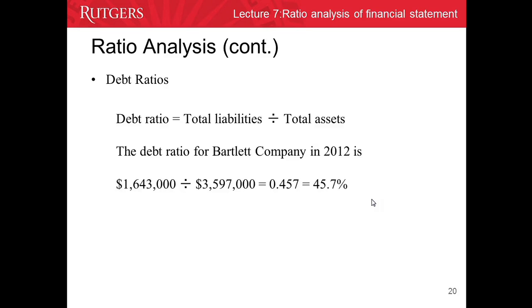Then we go to another group of ratios. It's called debt ratios. The debt ratio is one ratio in the debt ratios, which equals total liabilities divided by the total assets.